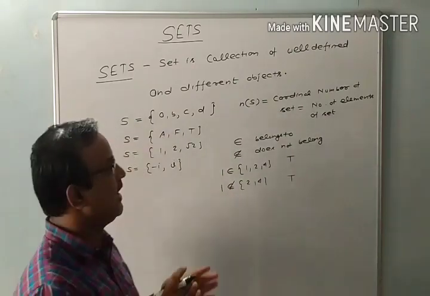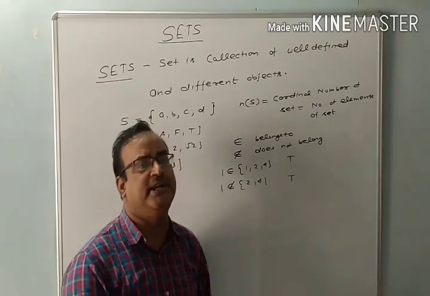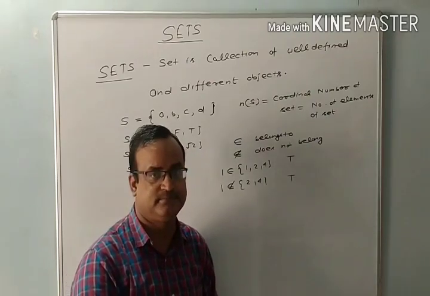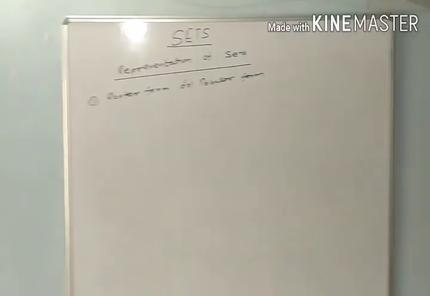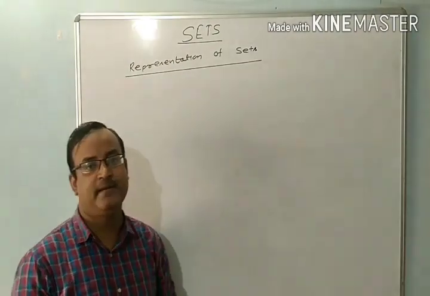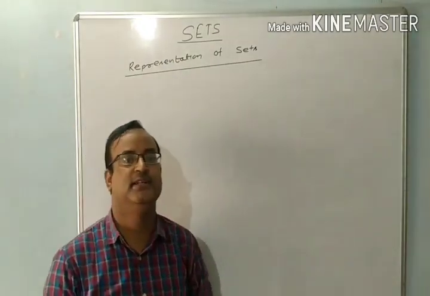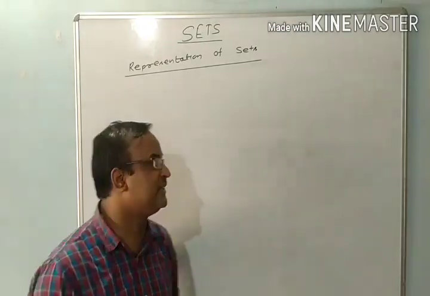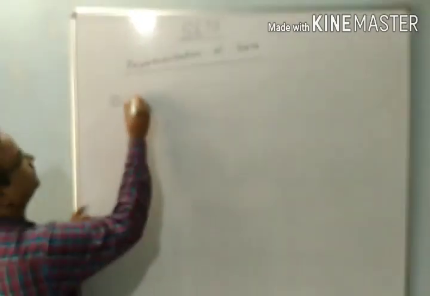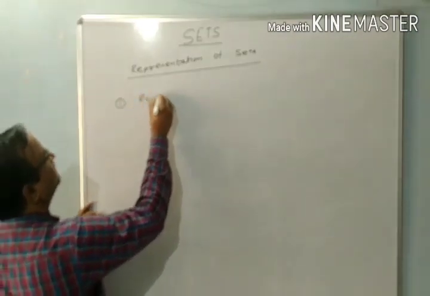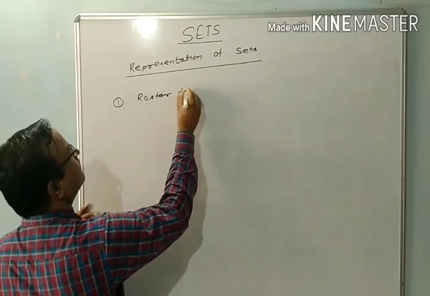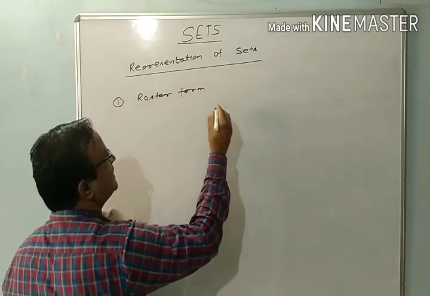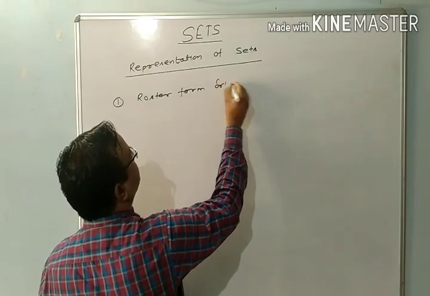Now I will discuss how to represent sets. We can represent sets in two forms. First is roster form, also known as tabular form.